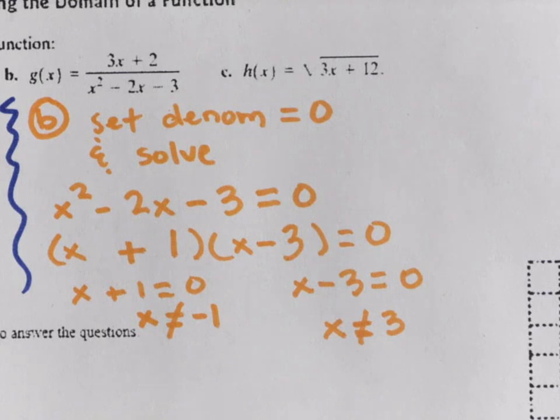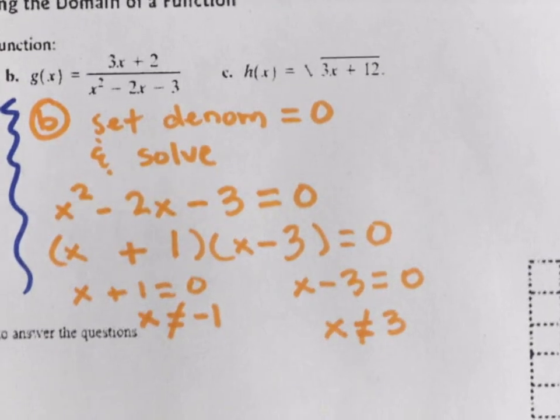If I put 3 in there, the same thing would happen. 3 squared is 9. -2 times 3 is -6. This is 3 minus 3 is what? Can't have either one of those numbers because that's what happens. Does that make sense? So I would take those two numbers out of my domain.